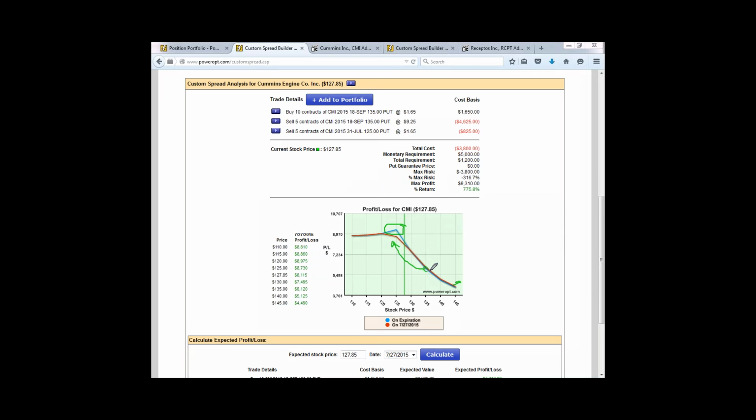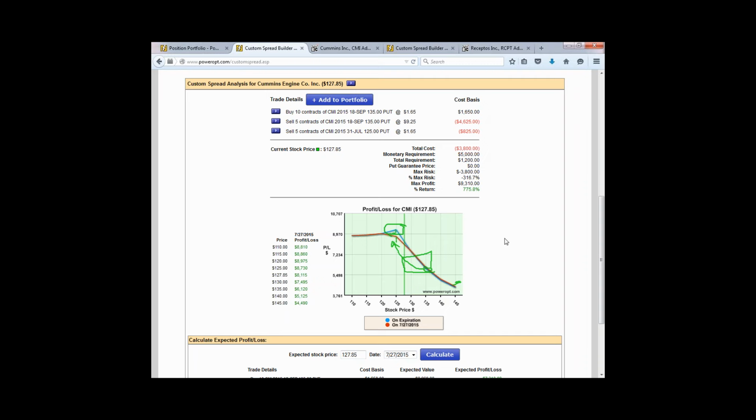But in this case, just remember that this does give you an obligation. If the stock does drop to 125 or 126 before that expiration, you may be assigned early. You may have to buy shares of stock, but then hopefully your broker would go ahead and activate this automatically. They do that for a debit spread. They might not do that for a calendar spread. So you've got to be careful with that as well.